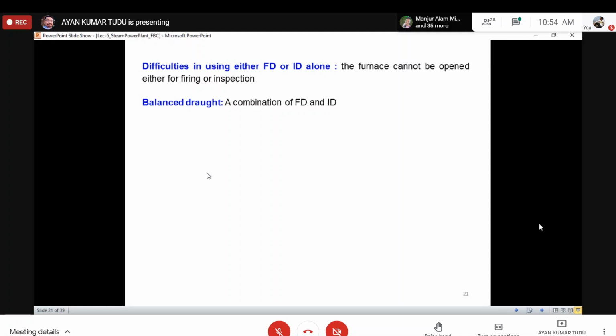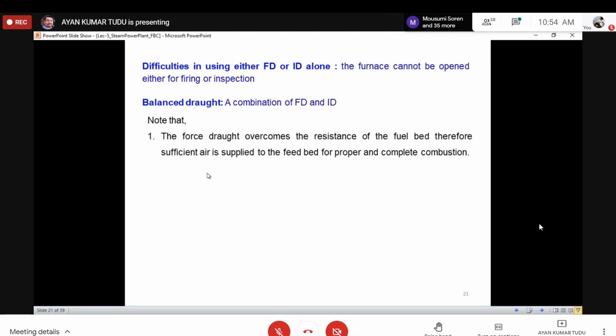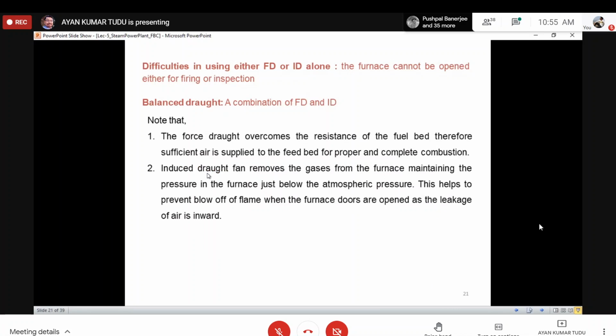The first one, the forced draught, overcomes the resistance of the fuel bed. Therefore, sufficient air is supplied to the fuel bed for proper and complete combustion. And what is the function of the ID fan then? The induced draught fan removes the gases from the furnace, maintaining the pressure in the furnace just below the atmospheric pressure.